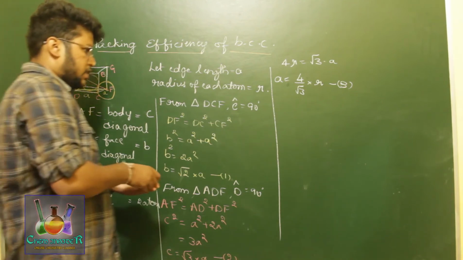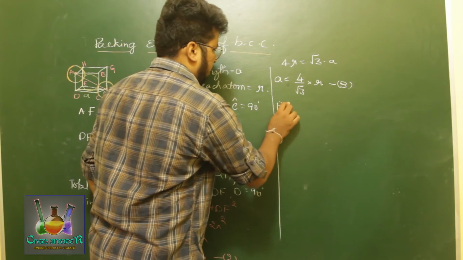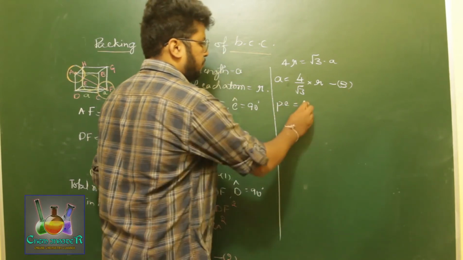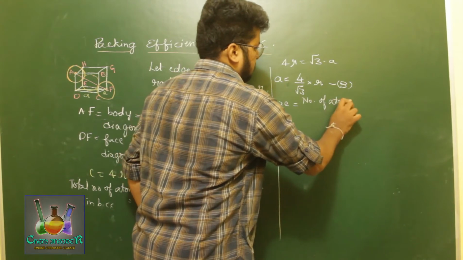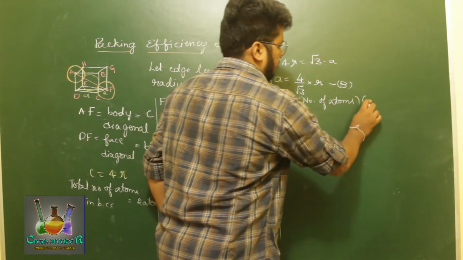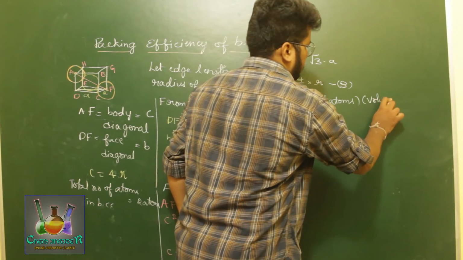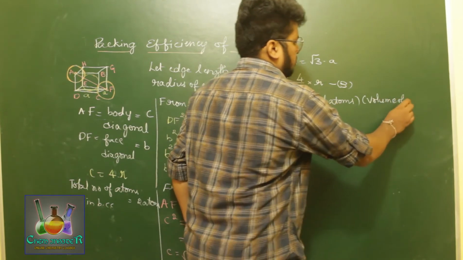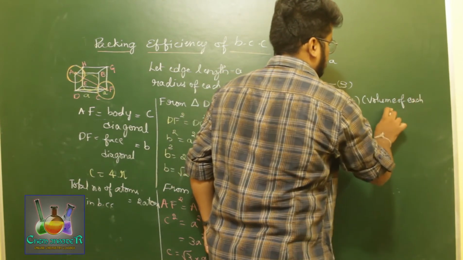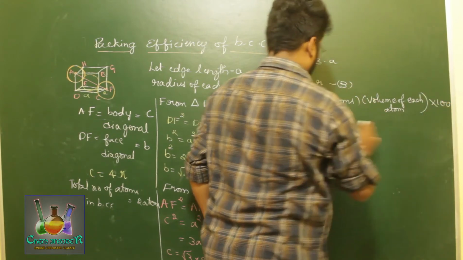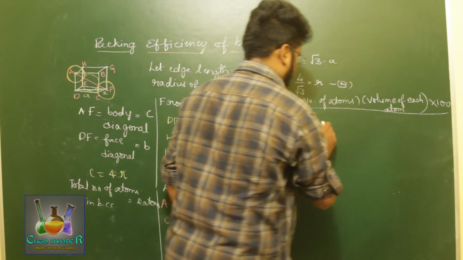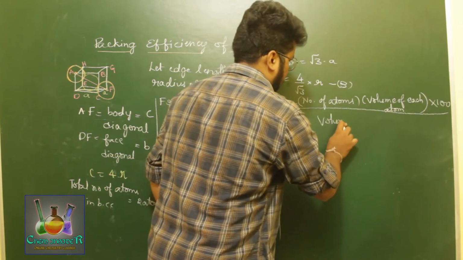Now for the packing efficiency, PE is equal to number of atoms into volume of each atom into 100, whole divided by the volume of the unit cell.